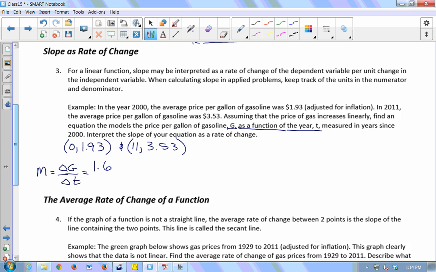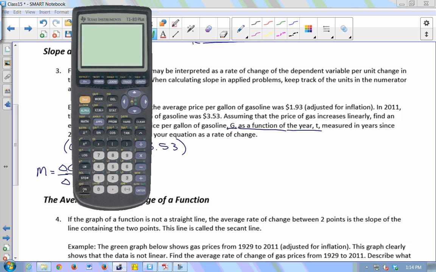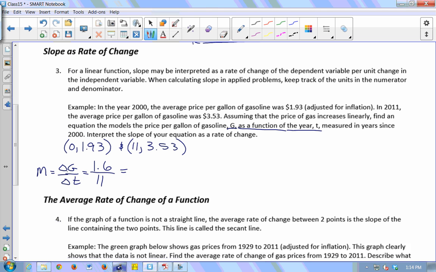Yeah. And then with the change in time? 11 years. Yep. So 1.6 over 11 is 0.145, approximately, if I round it.